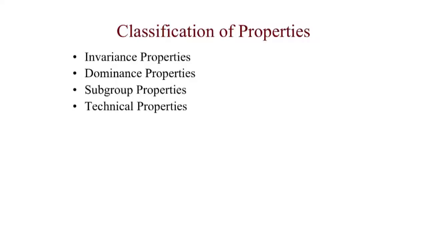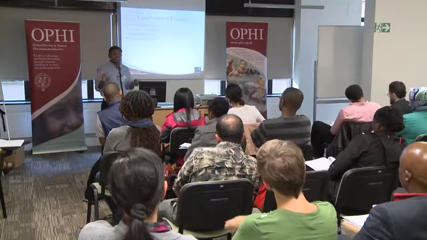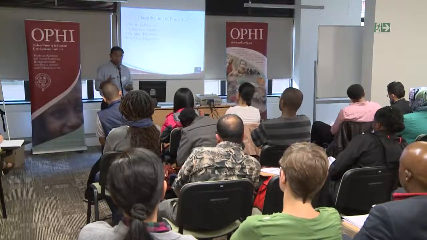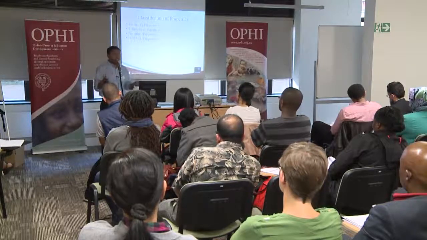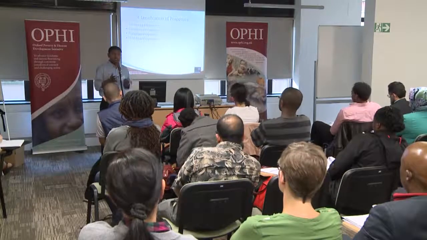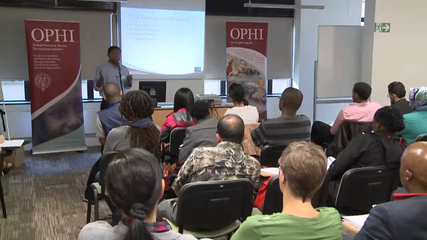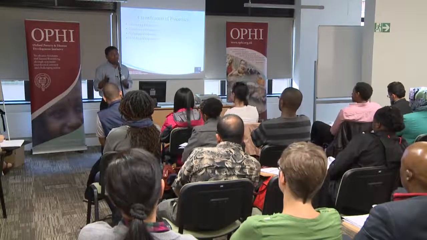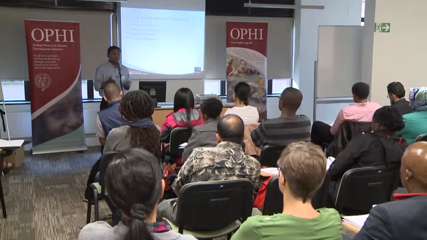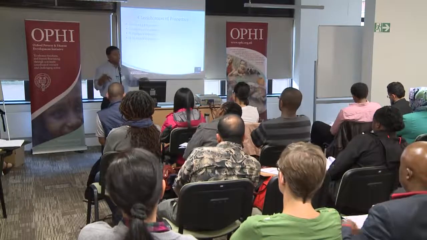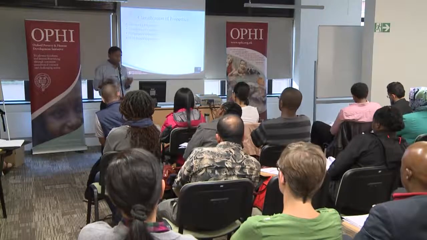You need to understand how poverty measures behave under different data transformations. Invariance properties say that some data transformations should leave poverty unchanged. Dominance properties say that poverty should change in a particular direction under certain transformations. Third, there are subgroup properties, which link subgroup poverty to overall poverty. And some technical properties are there.